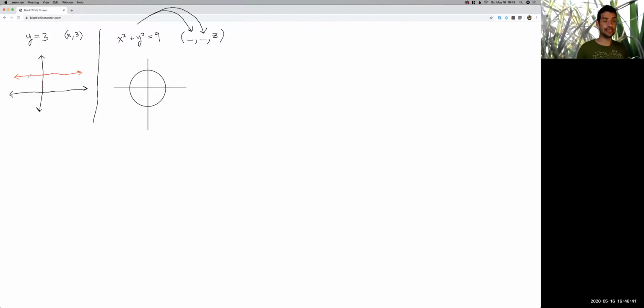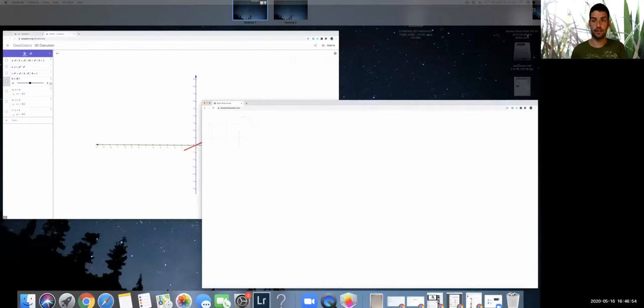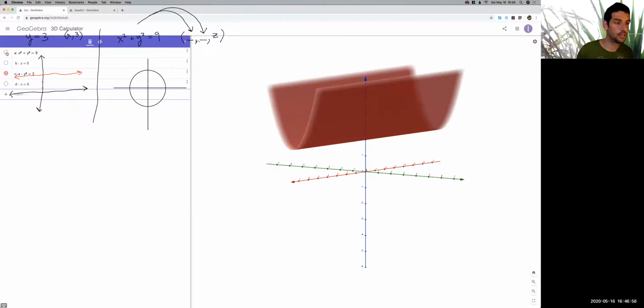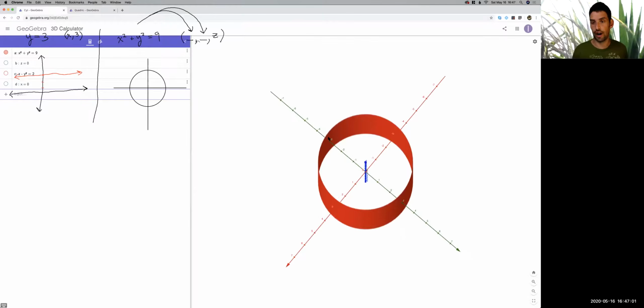So just like we extended this red line horizontally to encapsulate all the x values, we're going to extend this circular shape in the z direction, right? Which will give us this graph, right?